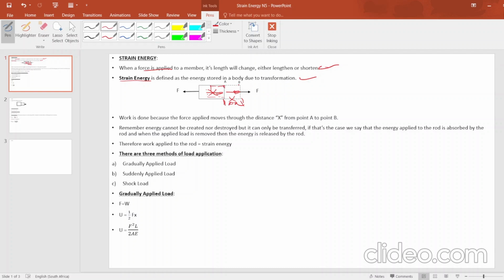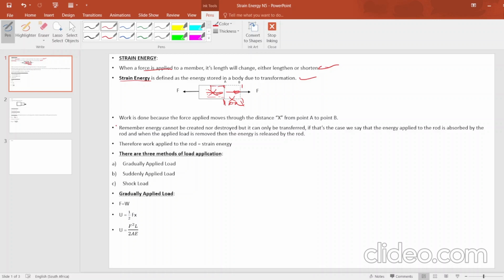From point A to point B, there's a transformation and there's a stored energy. Remember, energy cannot be created or destroyed, but it can only be transformed. If that's the case, we say that the energy applied to the rod is absorbed by the rod, and when the applied load is removed, the energy is released by the rod.